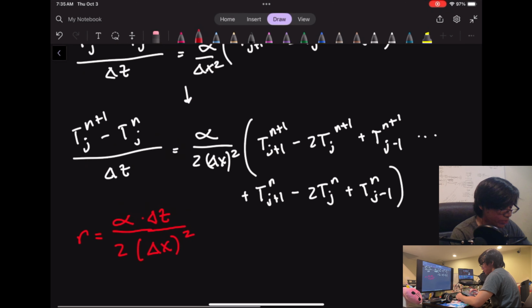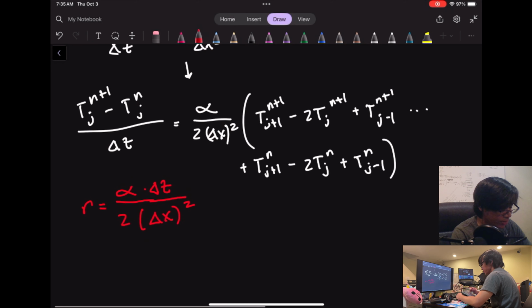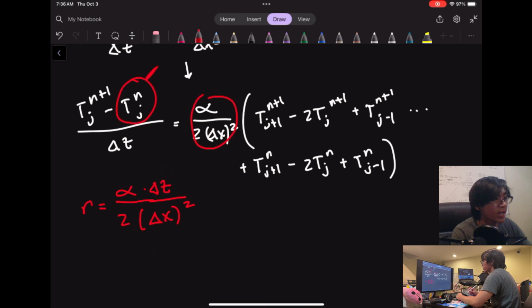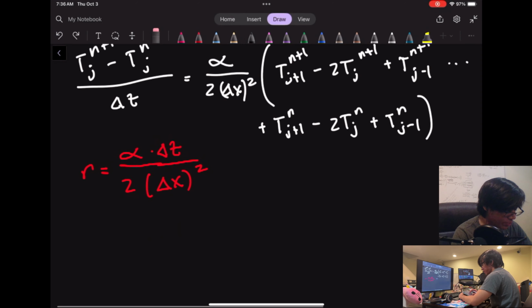I'm going to combine 2 steps here. So I'll move over the T n j to the other side. That will be a plus, and then we'll have an R here. So this term plus this term. And then I'll also be moving over our, you know what, let's just stick with that. Maybe not take too many steps.